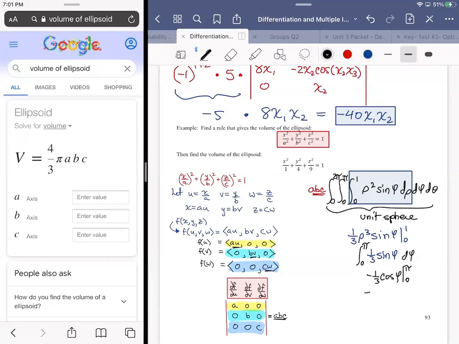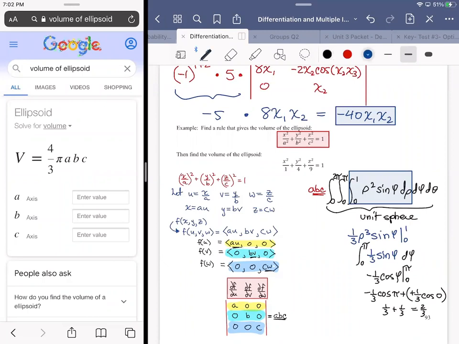That gives 1/3 cosine of pi minus negative 1/3 cosine of 0. Cosine of pi is negative 1, so negative 1/3 times negative 1 is positive 1/3. Cosine of 0 is 1. 1/3 plus 1/3 is 2/3.